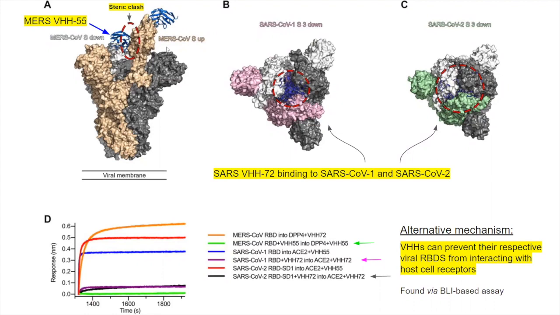And if you think about a live human cell that gets infected by any coronavirus, what happens is an up conformation monomer will be recognized by a cell membrane receptor. And then it will be locked in that position. And after a while, these other monomers will transition from down state to up state. And overall, this coronavirus will transition from a pre-fusion state to a post-fusion state and then fuse with the cell membrane.